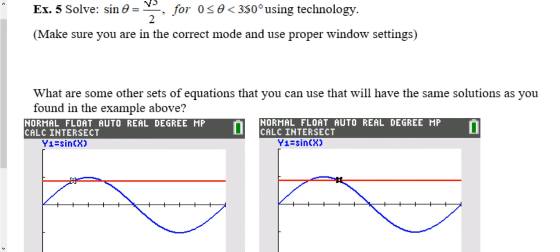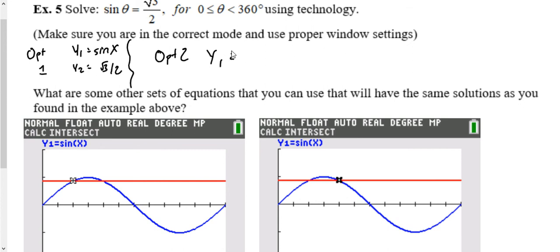Option 1, again, I did y1 equals sine x, and y2 was my root 3 over 2. So that's definitely option 1. Option 2 of typing this in, and we've just found where they intersected, by the way, would be to type everything in all as y1.